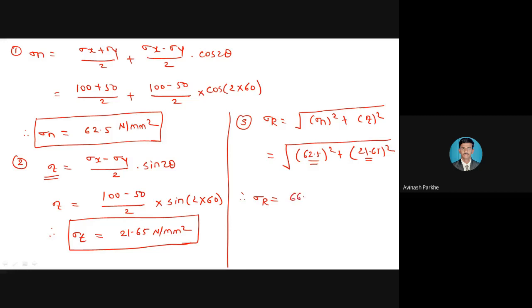I hope you got the answer, 66.14 Newton per mm square. So this is the normal stress, tangential stress, and resultant stress induced on the inclined plane due to sigma x and sigma y.